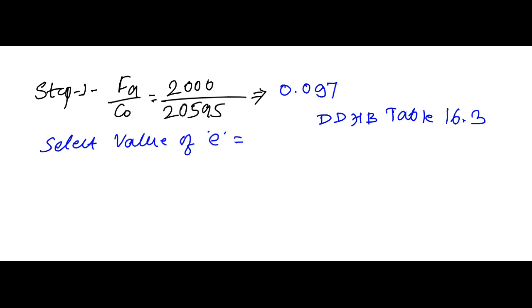Now you have column 3 here. Column 3 is Fa divided by C naught. Column 5 Fa divided by C naught. Now how much value you got here? You got 0.097 as the Fa divided by C naught. Now the nearest value for Fa divided by C naught is 0.084.